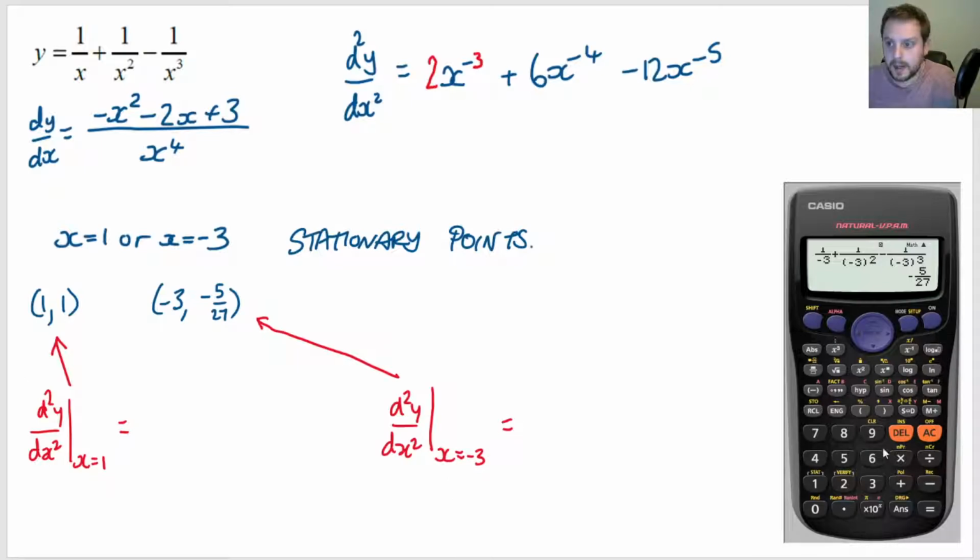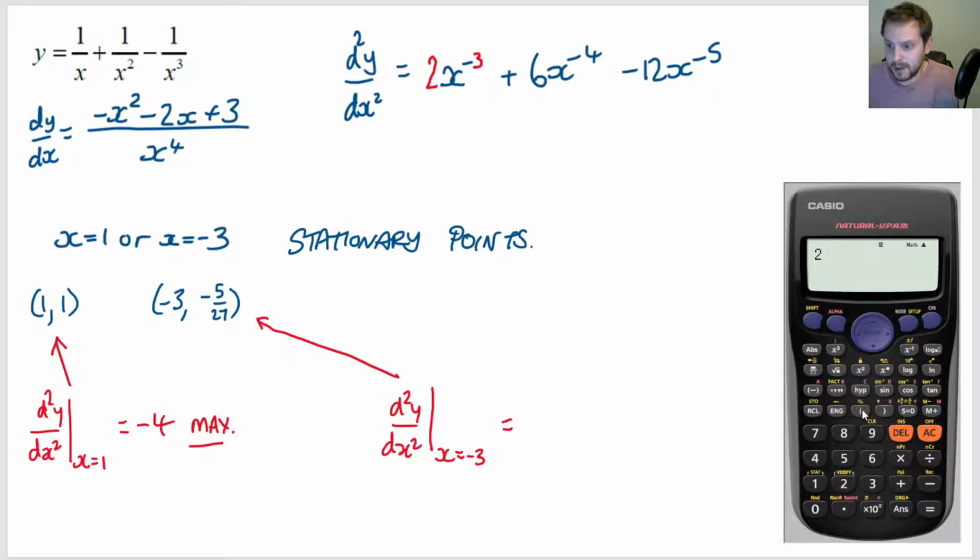So back on the calculator then. Well, when x is 1, they're all just powers of 1. So I can do that. 2 plus 6 is 8, take away 12 is -4. So since that's -4, this one's a maximum. And most likely the other one's now going to be a minimum.